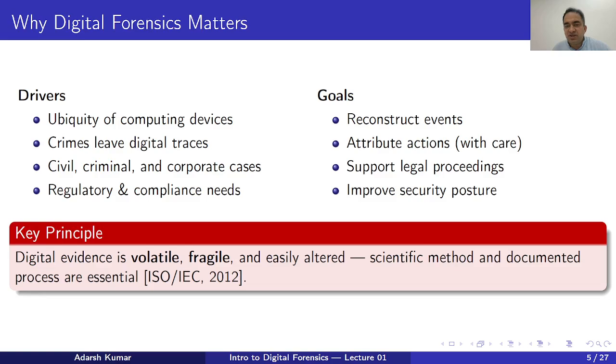Booting a seized laptop without proper protection can change timestamps and overwrite slack space. For example, simply plugging a suspect USB device into an ordinary Windows personal computer (PC) may create auto-run artifacts and alter modified, accessed, and created (MAC) times, weakening later courtroom testimony.